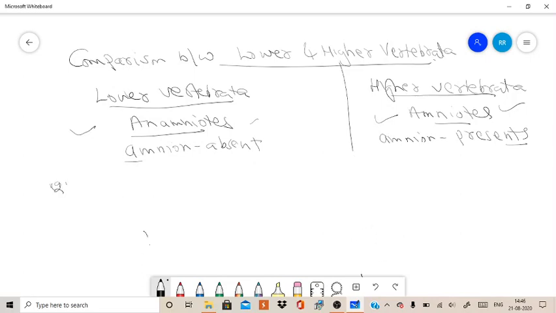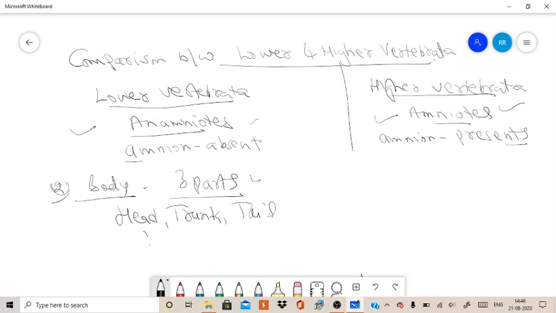Then the second point is about the body. In anamniotes, their body consists of three parts, that is head, trunk and tail. But what is absent? Yes, it is the neck, that is absent in anamniotes.